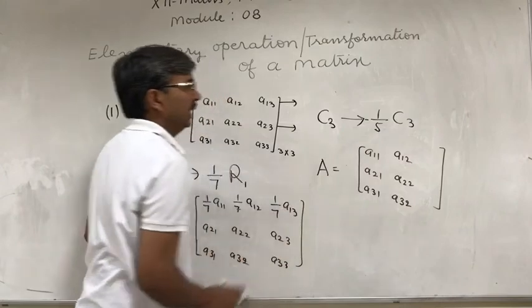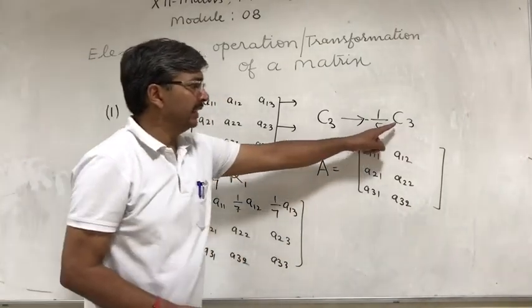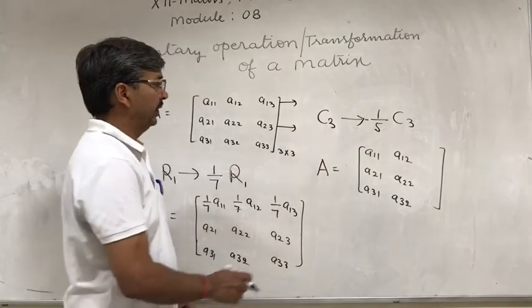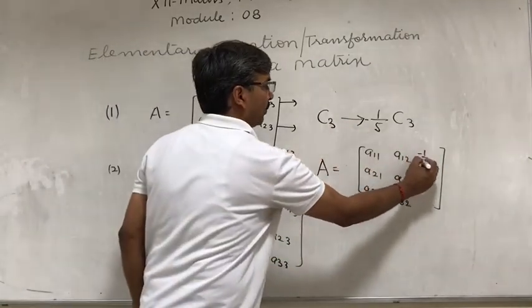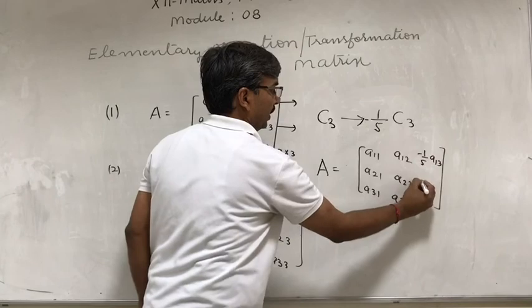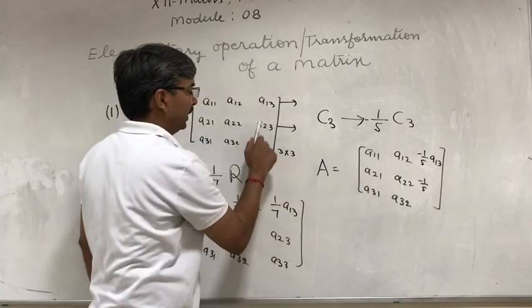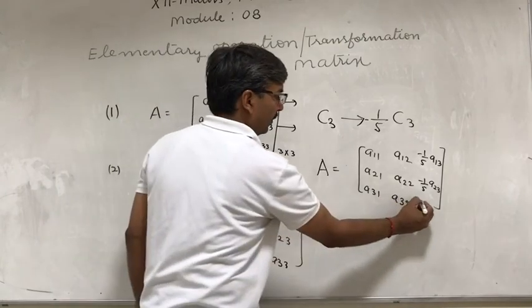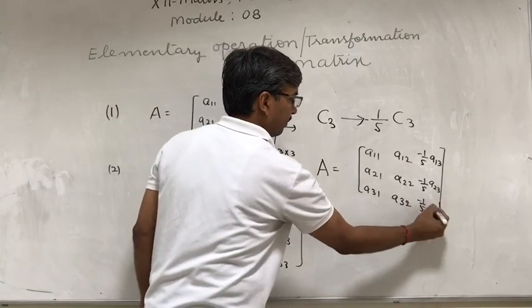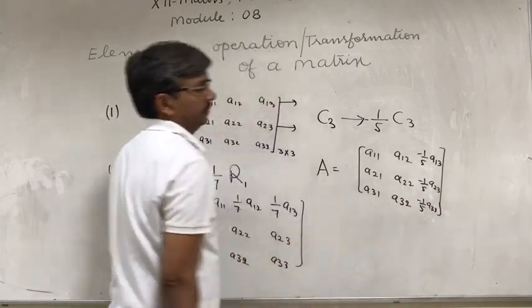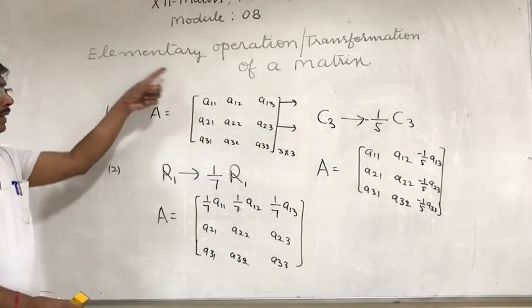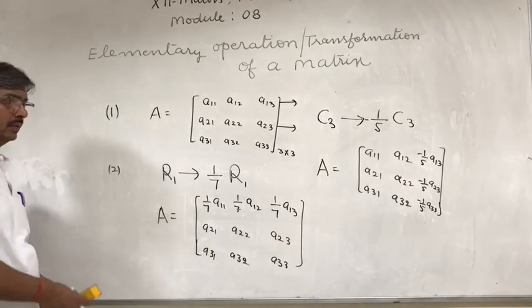We will multiply C3 by minus 1 upon 5. This will become minus 1 upon 5 A13, minus 1 upon 5 A23, and minus 1 upon 5 A33. Like this we can apply this second elementary transformation or operation.